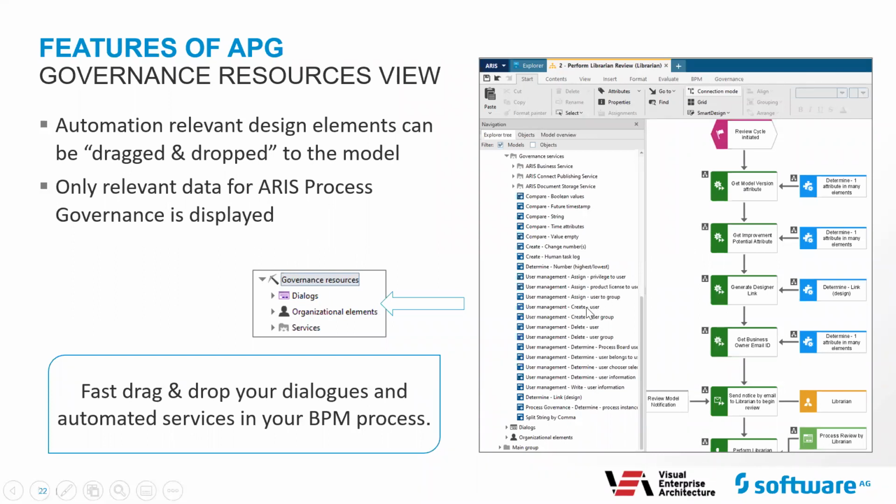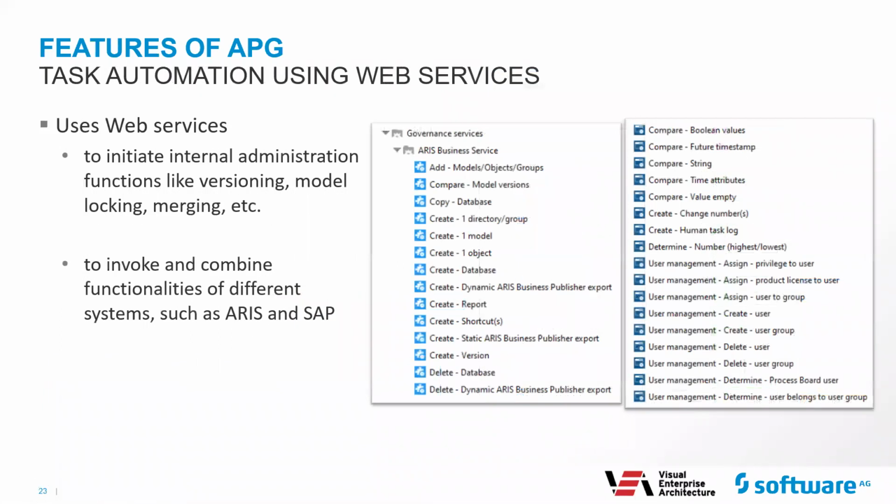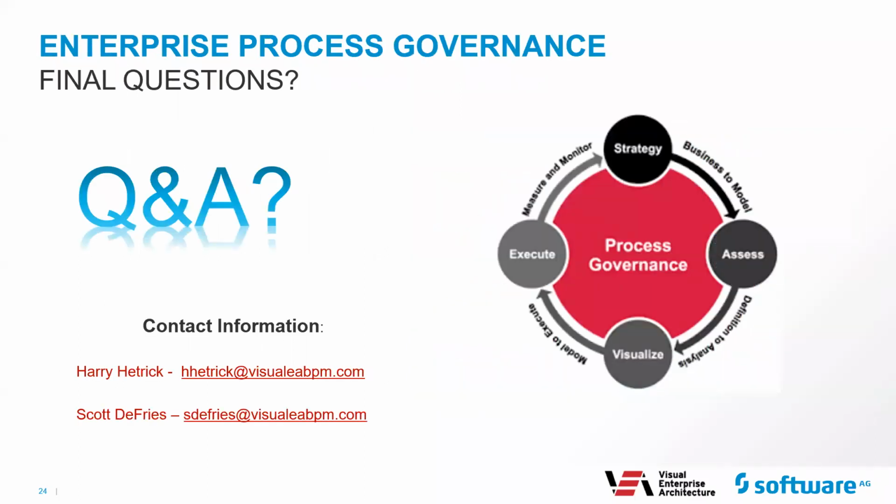And we have various business services provided through the product that you can use to configure the process flows in the automation engine. Okay, a little bit more on the task automation using web services. Just to give you an idea what some of those web services would look like. Okay, I think that about wraps it up from my side, Will, in terms of presentation.